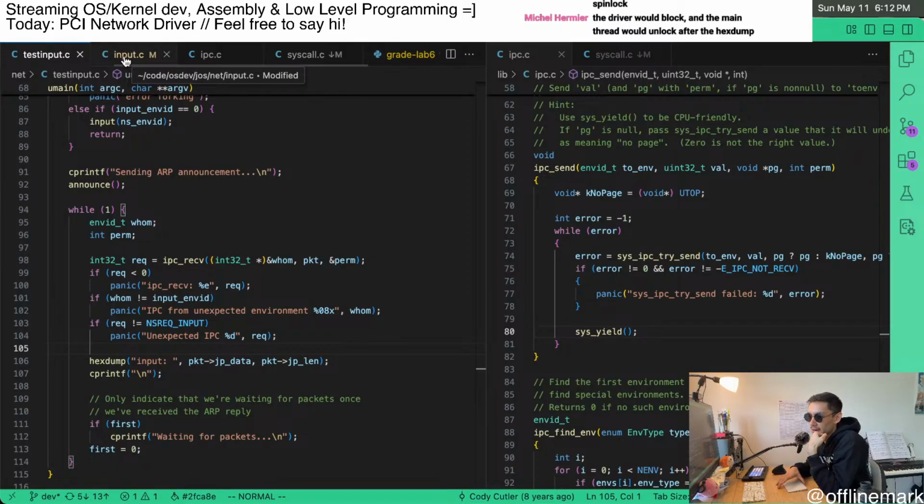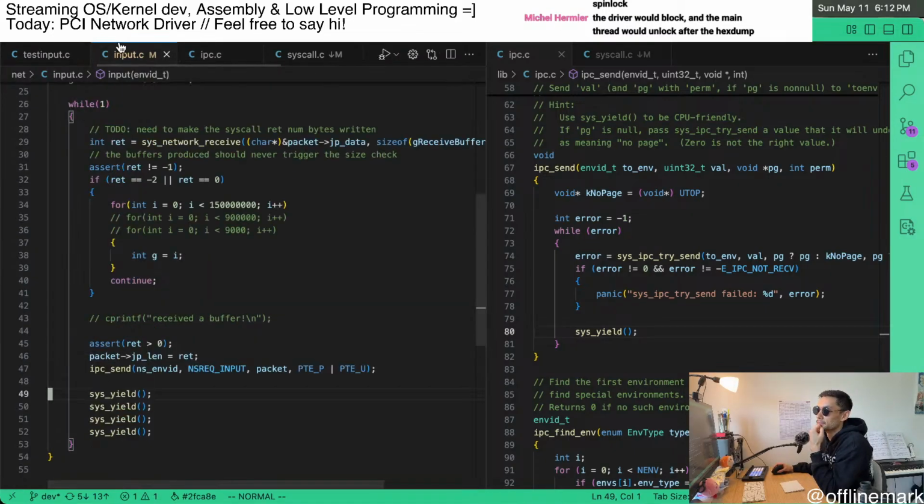The driver would block, and the main thread would unlock after the hex dump. Oh, interesting. So this call would block.